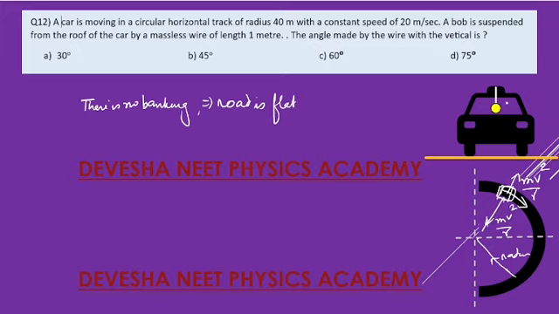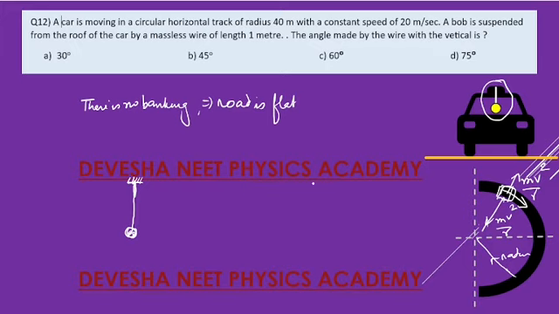So now let's look at this in more detail, because this entire question is all about this particular pendulum. Originally this will be vertical like this, hanging on top of the car. It's given to us, right?